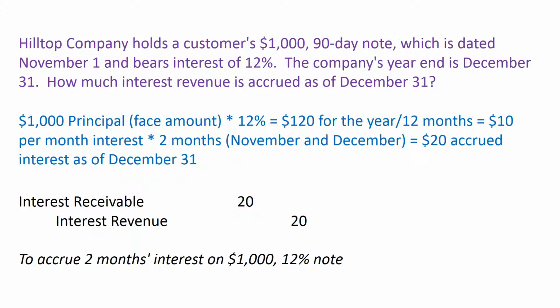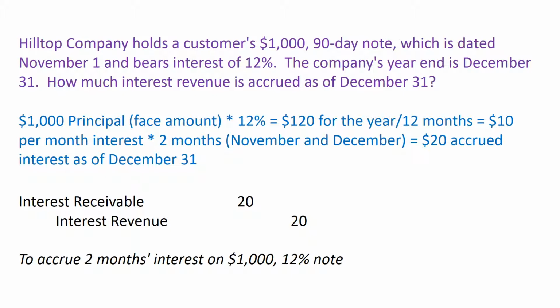Hilltop Company holds a customer's $1,000 90-day note which is dated November 1st and bears interest of 12%. The company's year-end is December 31st. How much interest revenue is accrued as of December 31st? Interest is stated on an annual basis unless otherwise specified on the loan document.